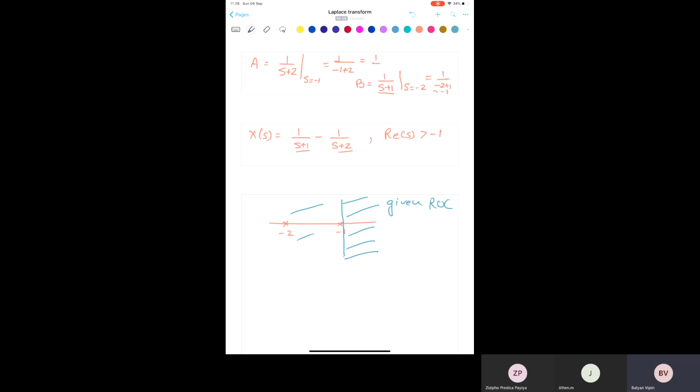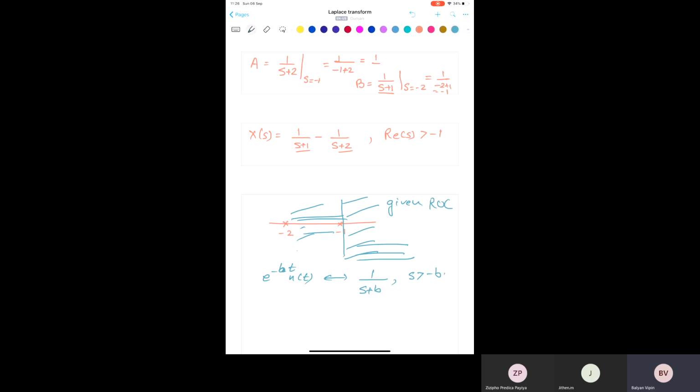If you remember that e raised to the power minus bt u(t) is 1 upon s plus b, with real part of s greater than minus b, and I compare it with this, you can say that the region of convergence is on the right hand side of both the poles. It is on the right hand side of this pole, and on the right hand side of this pole.